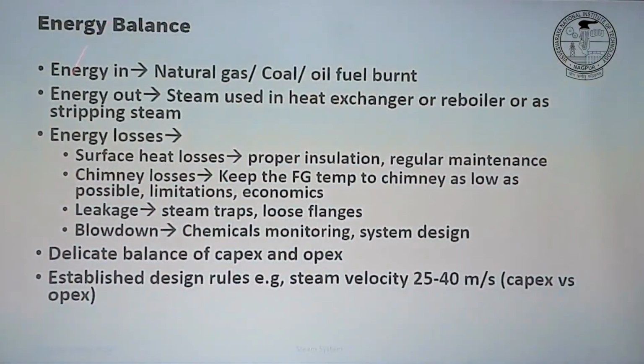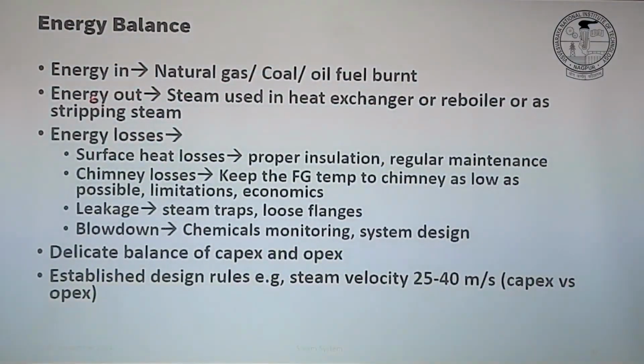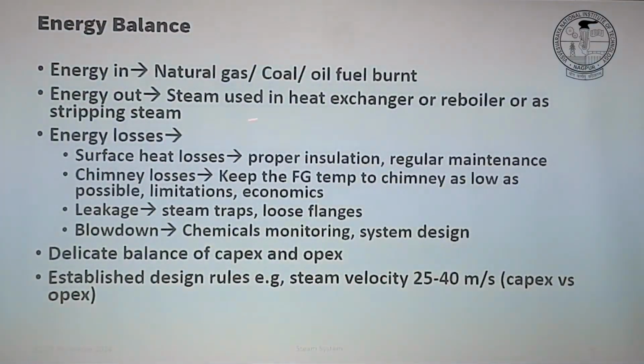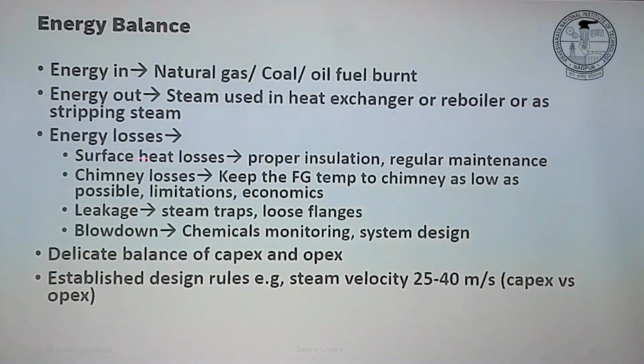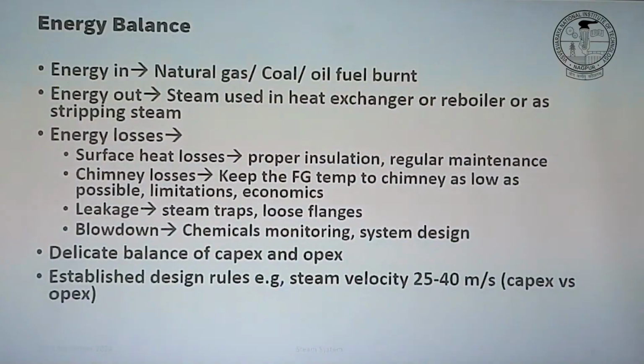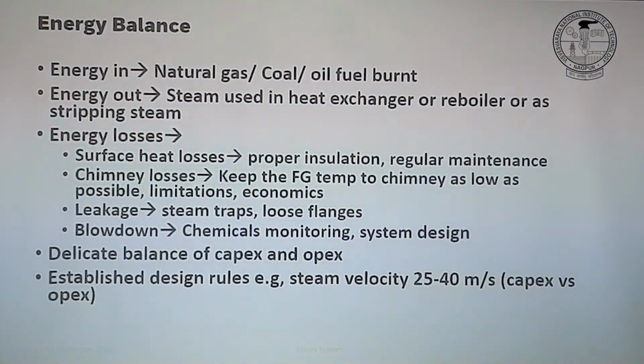So if you look at the energy balance, energy in and out, what we are putting in is the LHV of fuel, right? What is coming out is steam used in heat exchangers or boilers. What are the energy losses we saw so far? Surface heat losses. We talked about these long pipes within your plant and how we can reduce the surface heat losses: insulation. And what about increasing the insulation thickness?